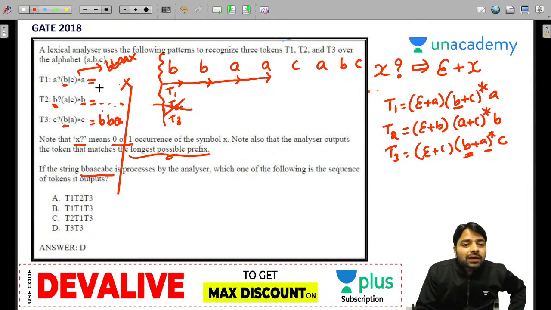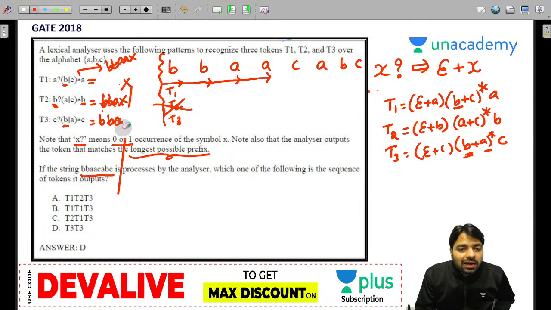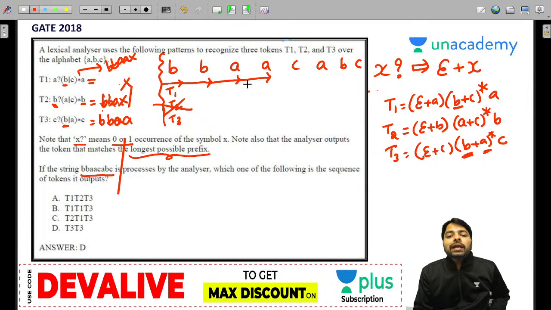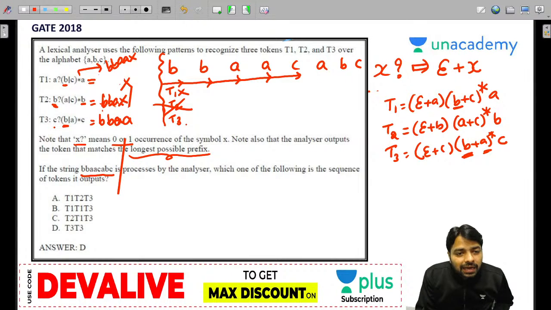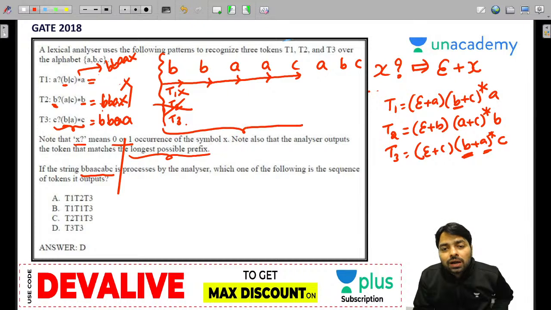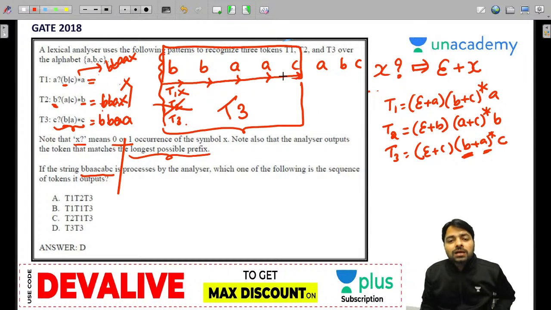And next I am talking about T3. Can I have double B double A? Look at double B double A. And in fact that C also I can have in T3. Then after that T3 is exhausted. Only T3 can produce here. That means I got T3, guys.